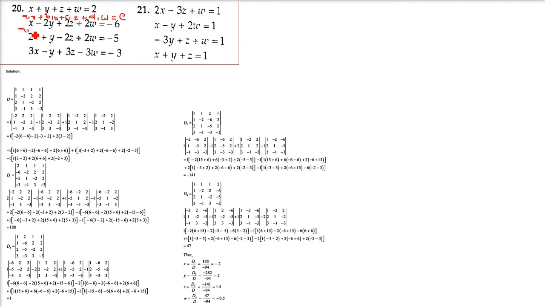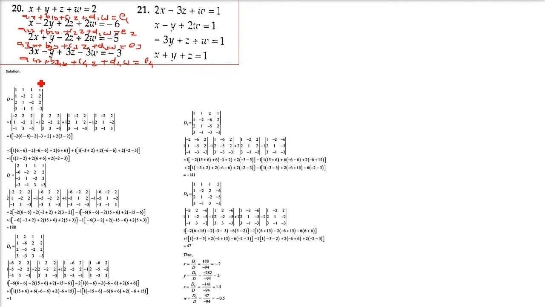Second one, A2x, B2y, C2z, D2w equals E2. Third one we are comparing with A3x plus B3y plus C3z plus D3w equals E3. Then A4x plus B4y plus C4z plus D4w equals E4. Okay.